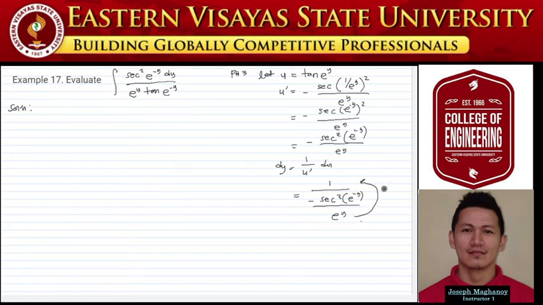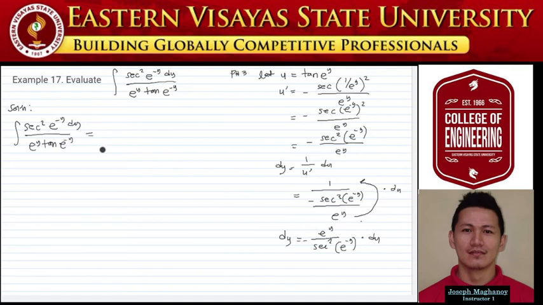So finally, your dy is equal to e raised to y over negative secant squared e raised to negative y du. So by applying our correction factor, we have secant squared e raised to negative y dy over e raised to y tangent e raised to y.